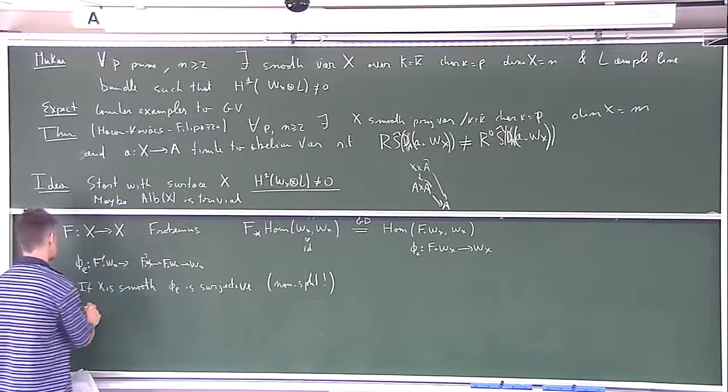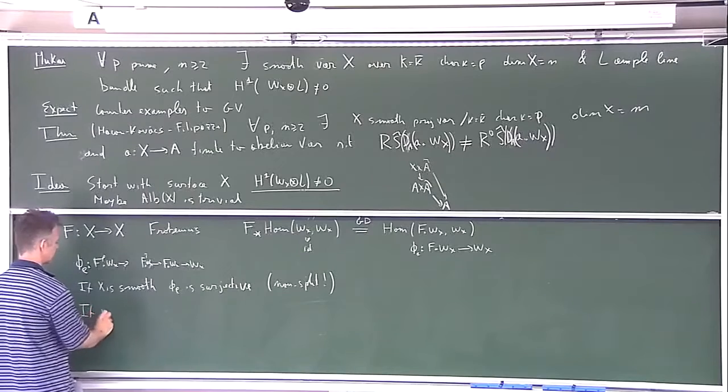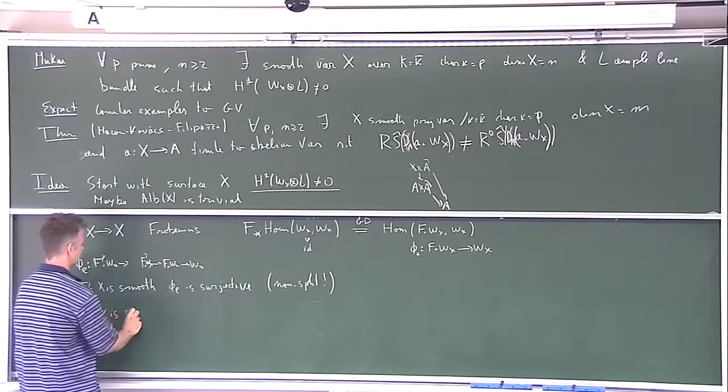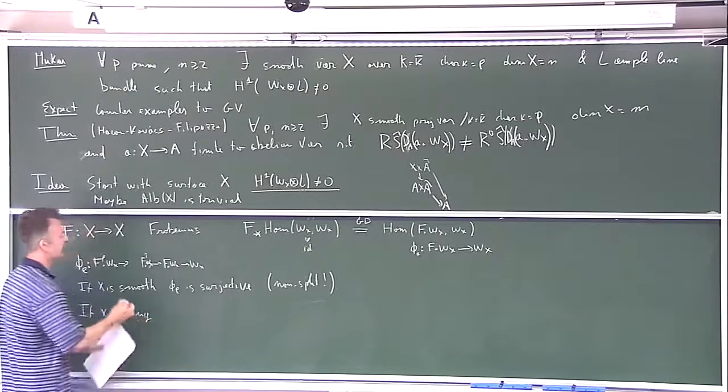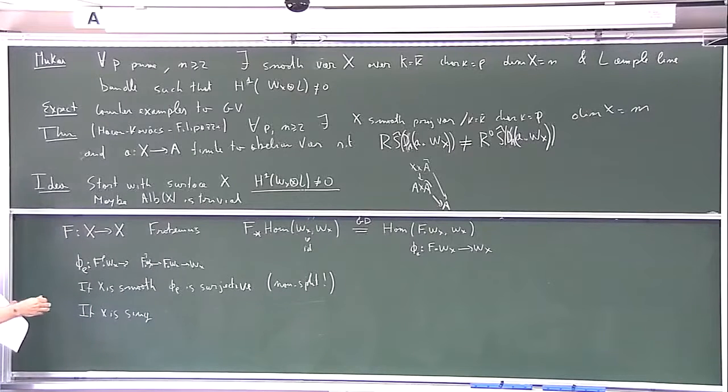This map is also interesting when X is singular. If it's a normal variety, think of defining it on the smooth locus, and then just extending the map from the smooth locus to everywhere, because these will be reflexive sheaves. And then the singular locus does something interesting. Maybe it's not surjective.